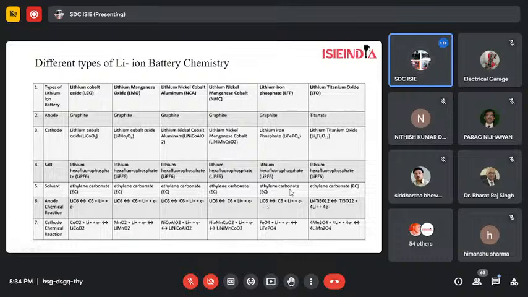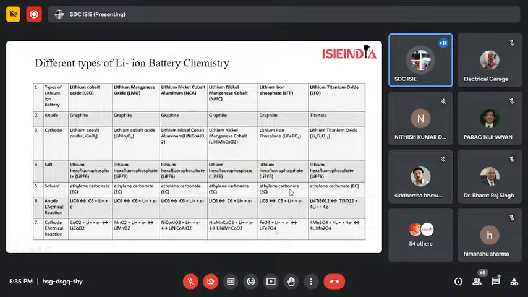Here, LiC6 will get converted into carbon, graphite, right, plus lithium ions plus electrons. These electrons will be transferred through the external circuit, and it will cause the load to run. FePO4, iron phosphate, will get combined with lithium plus electron to form lithium iron phosphate, right?